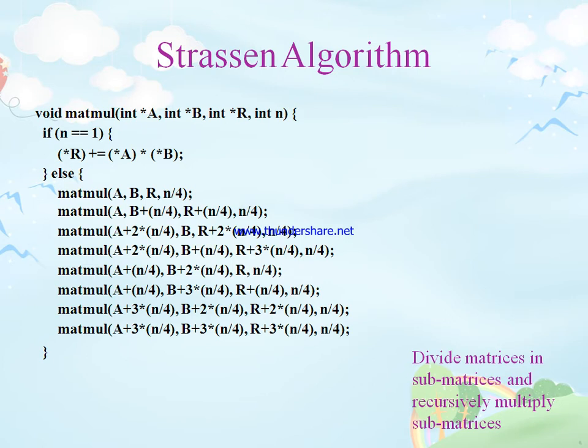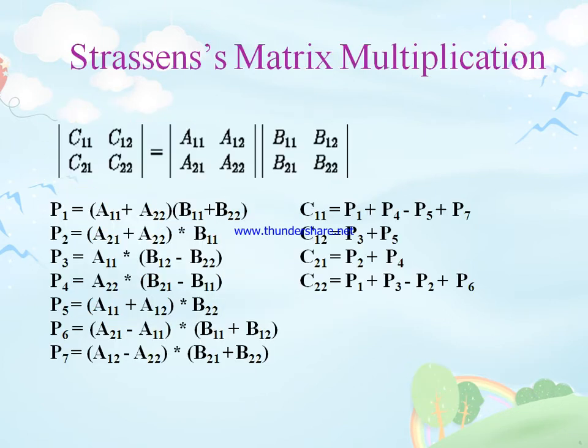So how can we perform this? Check the same matrices, C equals A into B. Here are the temporary products we produce. P1 equals A11 plus A22 into B11 plus B22. P2 equals A21 plus A22 into B11.